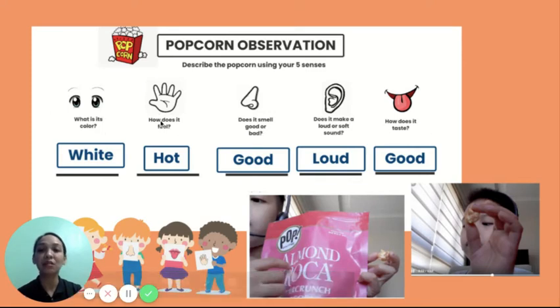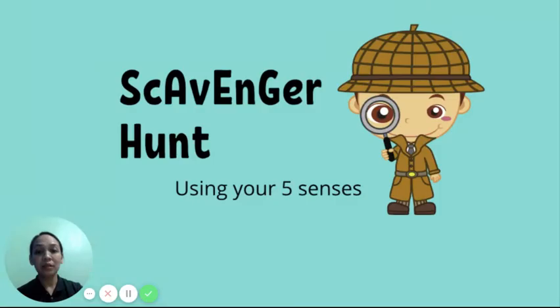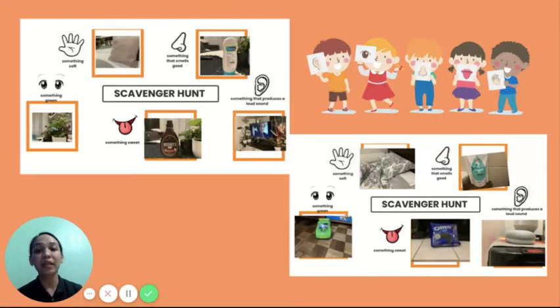It says here, what's the color? How does it feel? Does it smell good or bad? Does it make a loud or soft sound? How does it taste? So let's proceed to the next one, the scavenger hunt. This will cater to your kinesthetic learners. So they get to move around their house and take pictures of the different objects.